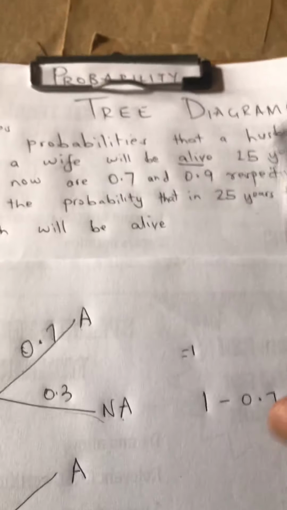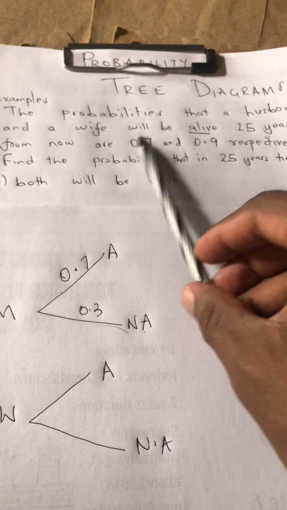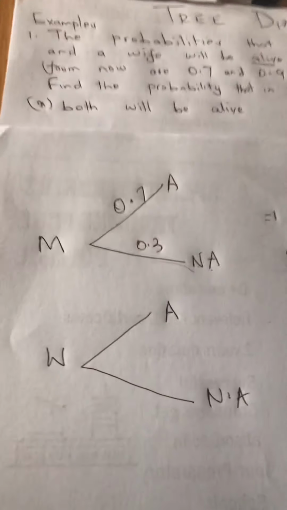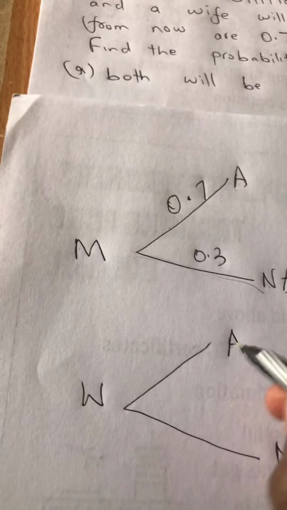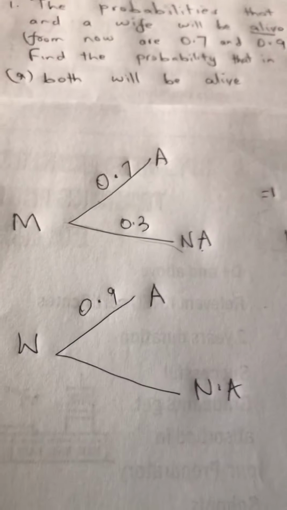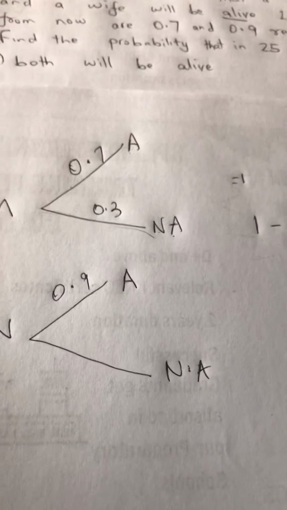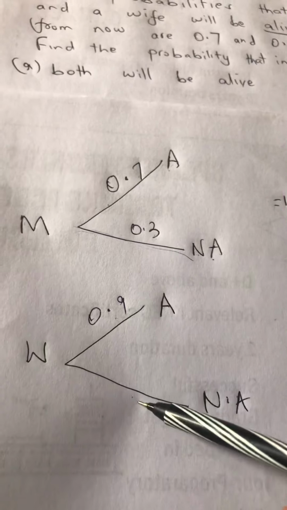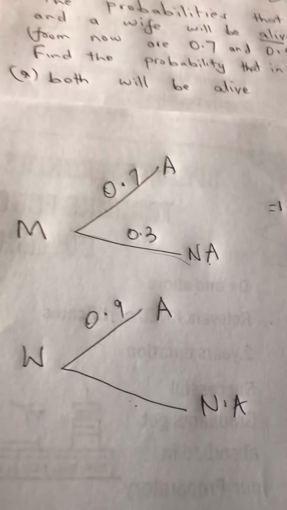So the probability that the wife will be alive in 25 years time is 0.9. We have already agreed, tumekubaliana kwamba when you add this and this, they should give you a sum of 1.